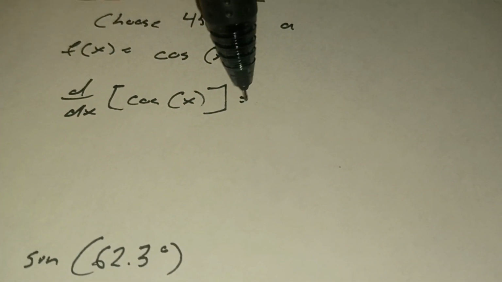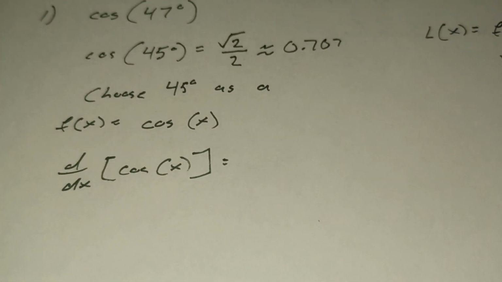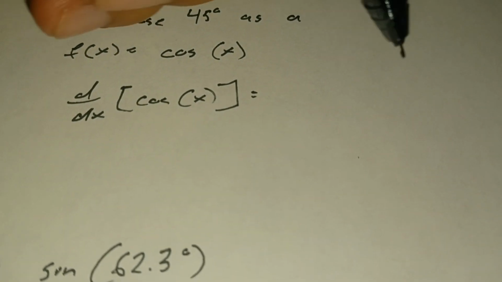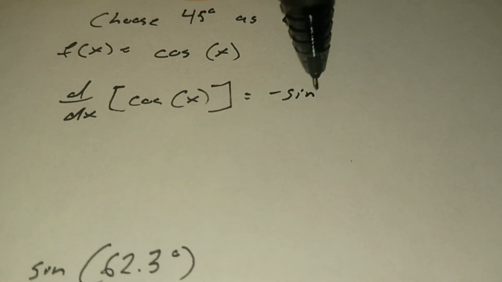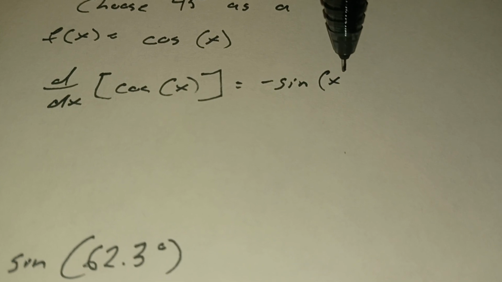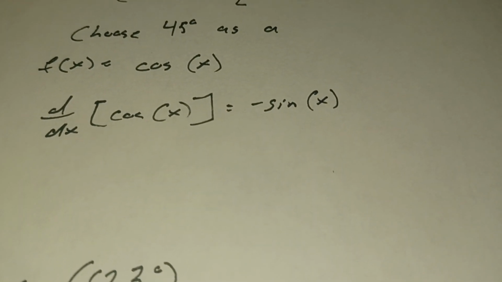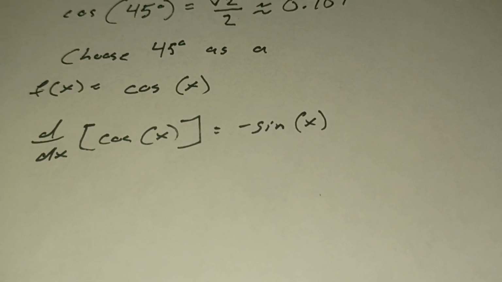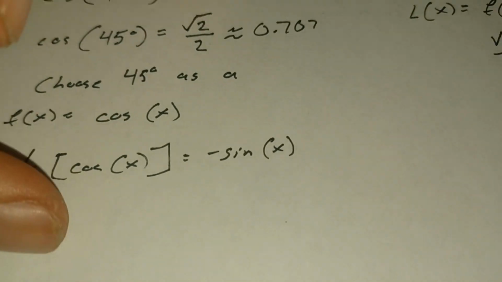And as we all know, the derivative of cosine of x is negative sine of x, right? Negative sine x. That's going to be our derivative for cosine of x.